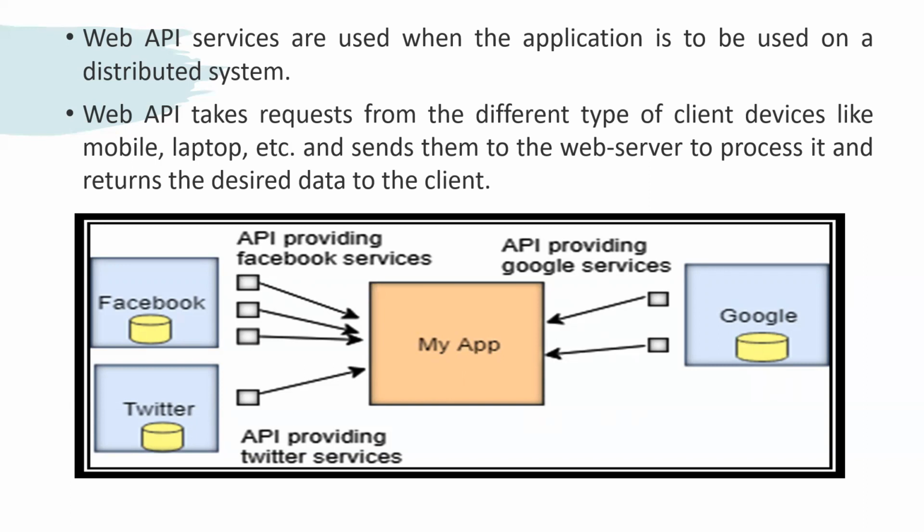Web API takes requests from different types of client devices like mobile, laptop, desktop, etc., sends them to the web server to process, and returns the desired data to the client. So whatever activities you are planning from either Facebook, Twitter or Google, you can always go ahead and retrieve it.